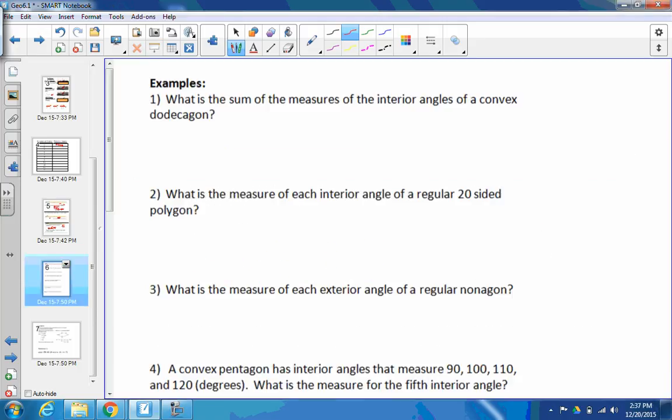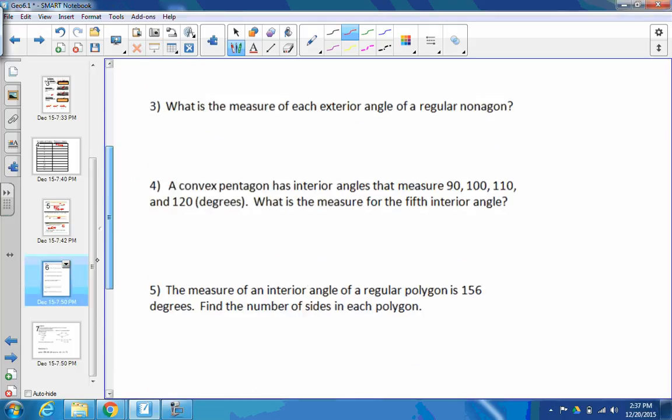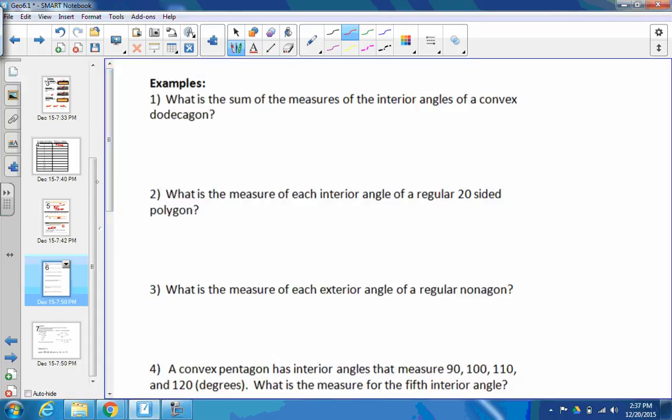So lots of questions here based off of those 3 theorems. Well, one of them's a corollary. What is the sum of the measures of the interior angles of a convex dodecagon? Hopefully you got that a dodecagon has 12 sides. We want the sum of the interior angles, so that would be n minus 2 times 180.